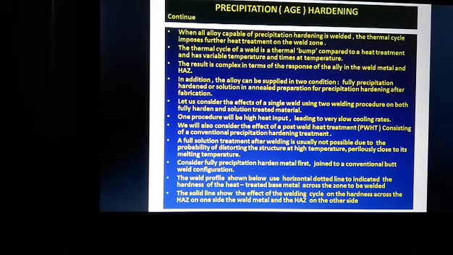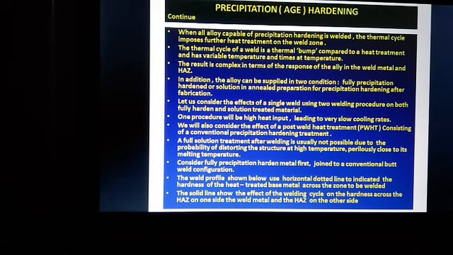When an alloy capable of precipitation hardening is welded, the thermal cycle imposes a further heat treatment on the weld zone. The thermal cycle of a weld is a thermal bump compared to the heat treatment, and has variable temperature and time at temperature. The result is complex in terms of the response of the alloy in the weld metal and HAZ.